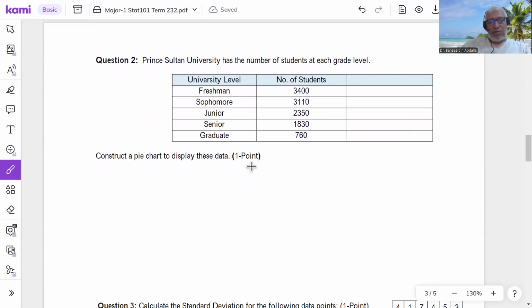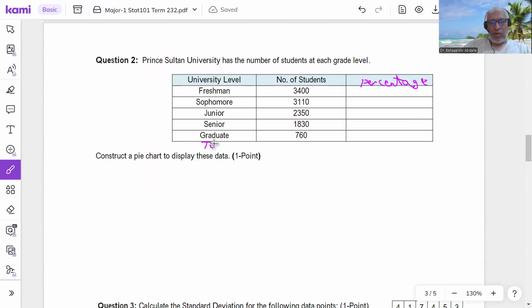Construct a pie chart. Well, to construct a pie chart, you can find the degree or you can find the percentage. Okay, let me this time find the percentage. To find the percentage of each level, I have 3,400 freshmen. So I need to know the total.